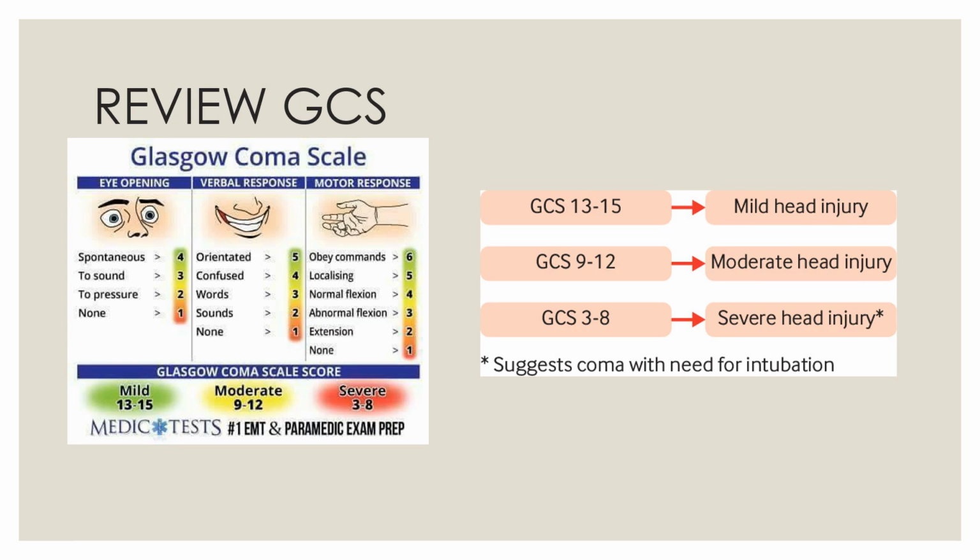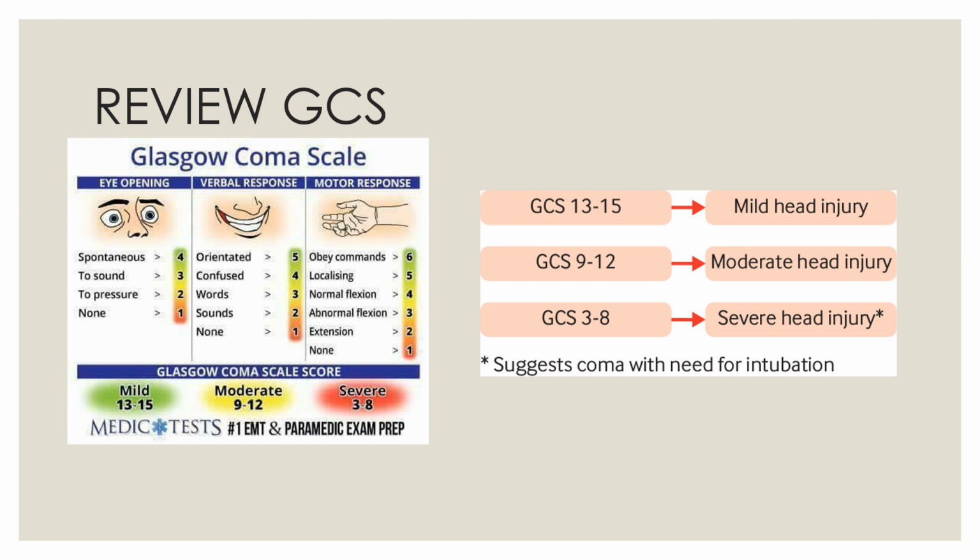We spoke about the Glasgow Coma Scale in our last lecture, and I just wanted to remind you that this is a tool that we use to assess head injury based on 3 criteria: whether the person opens their eyes, what their best verbal response is, and what their best motor response is.